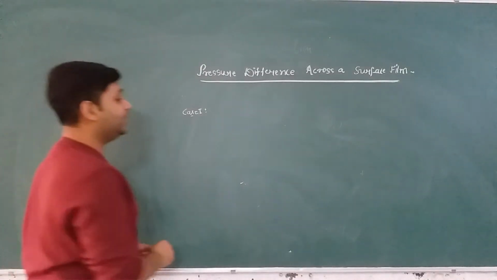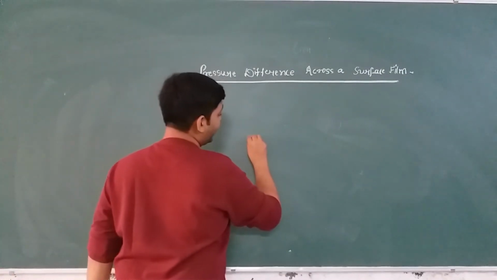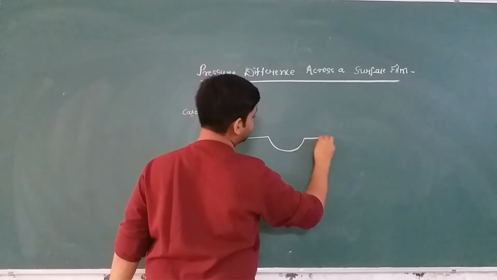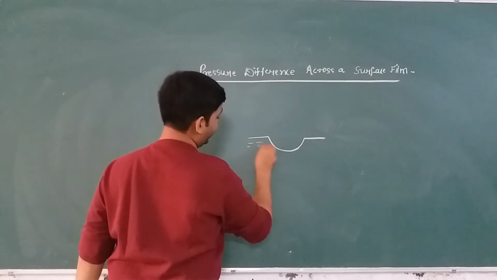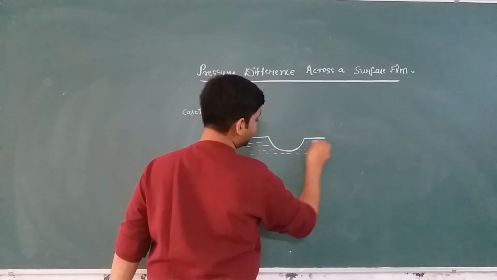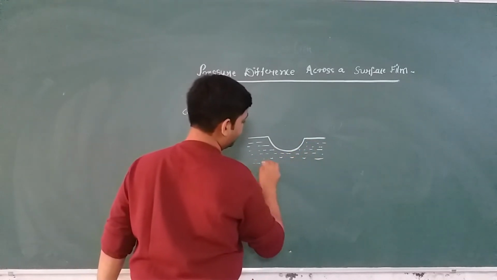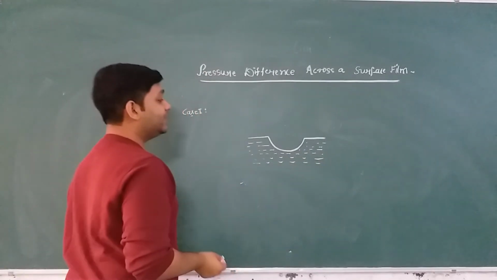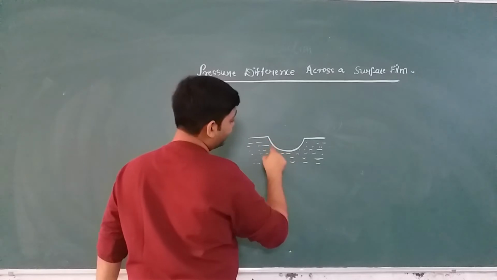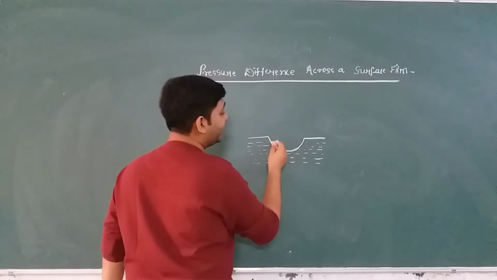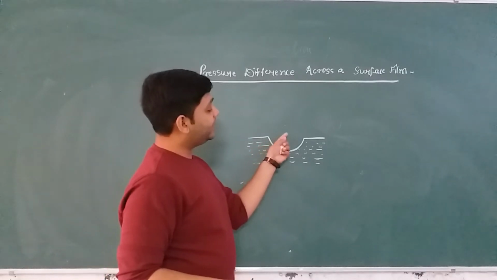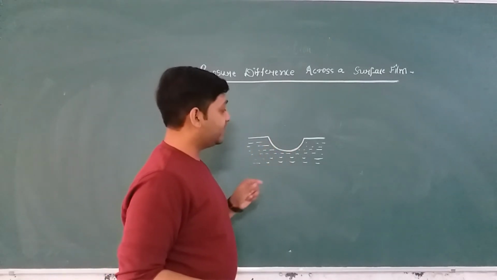Now what is case 3? Case 3 is when the surface of the liquid is concave, like this. So here you can see that the surface of the liquid is concave. So now in this case what happens is the molecules that are present on the surface of the liquid experience a net outward force, and this force is again directed towards the center of curvature of the curved surface.